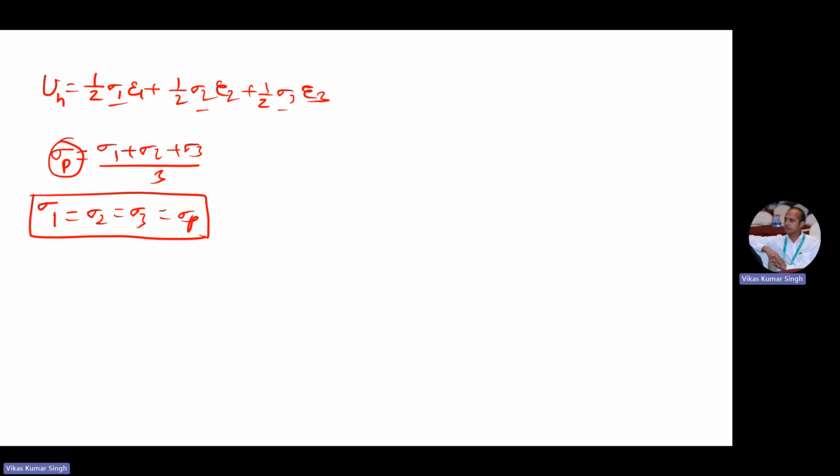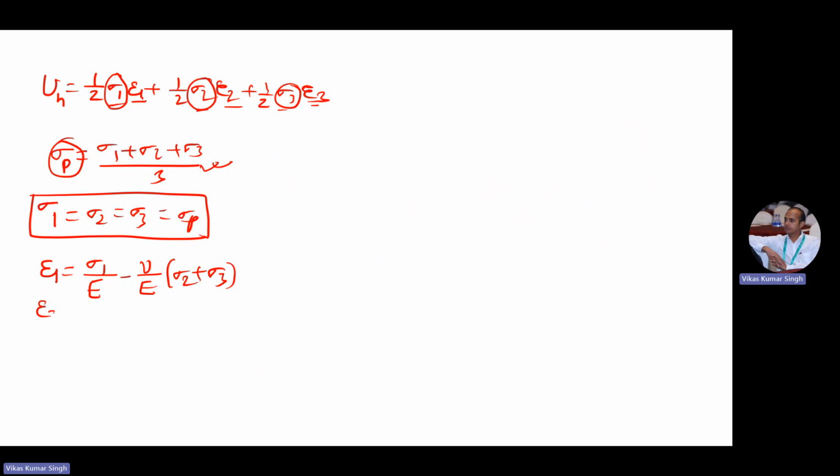So what is to be done now? We just have to replace these with this. What about epsilon 1, epsilon 2, epsilon 3? We know epsilon 1 equal to sigma 1 by E minus nu by E into sigma 2 plus sigma 3.